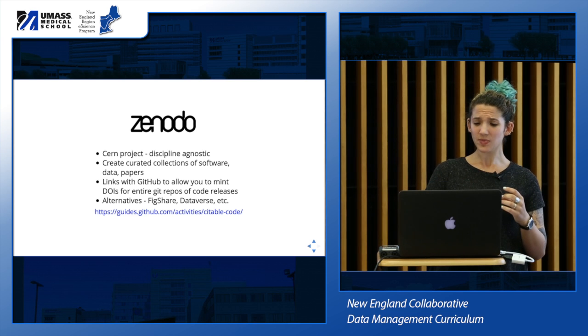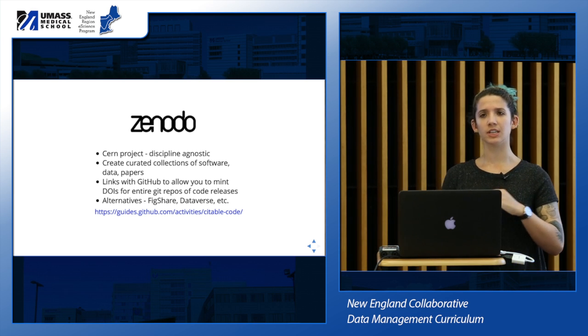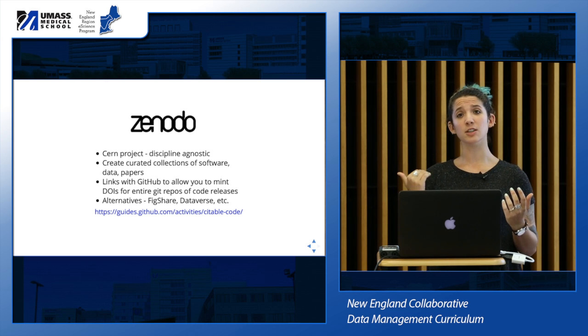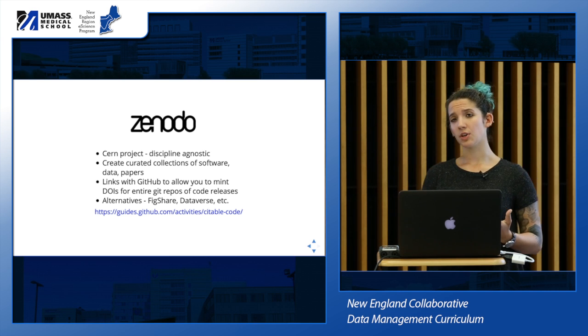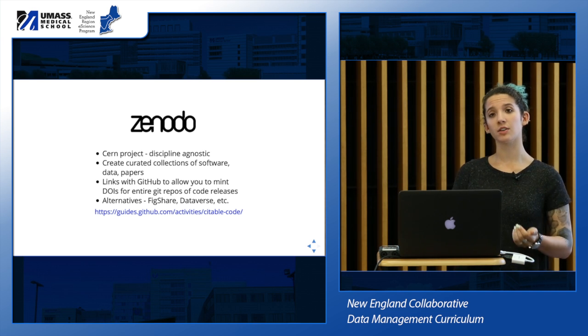And so what that means is you can take your GitHub repo and you can use Zenodo to mint a DOI for all of that work that you've been versioning. And you can save and archive and preserve a snapshot of all of that code.